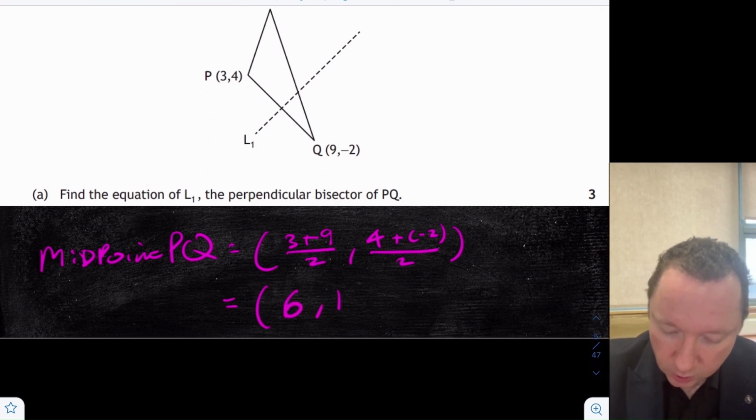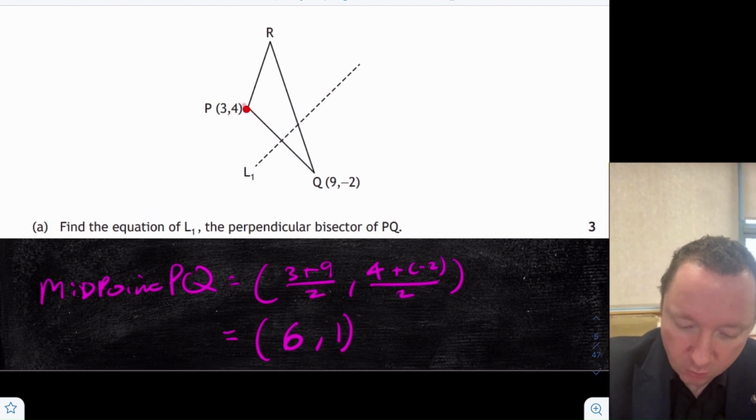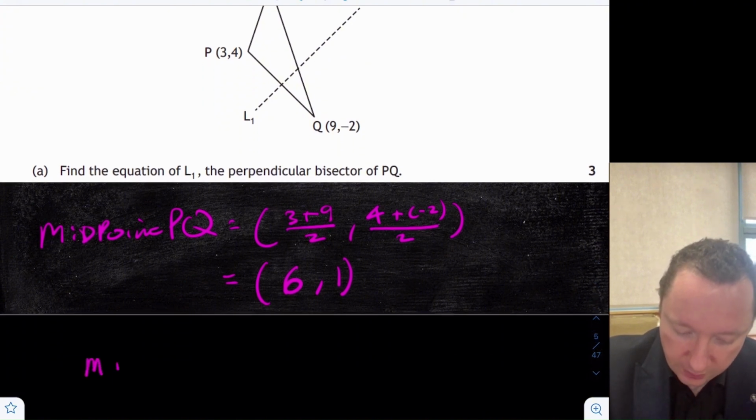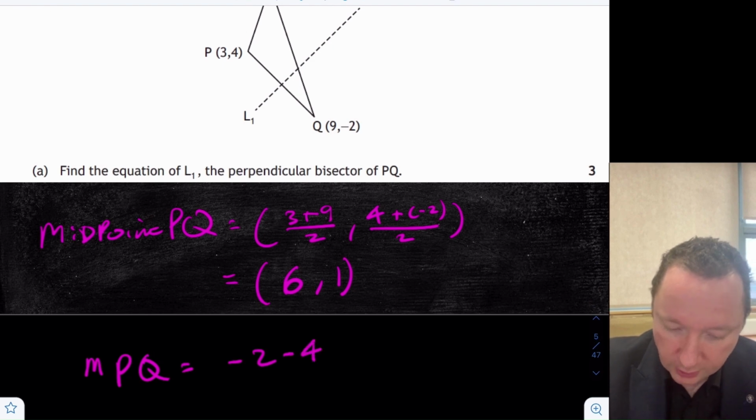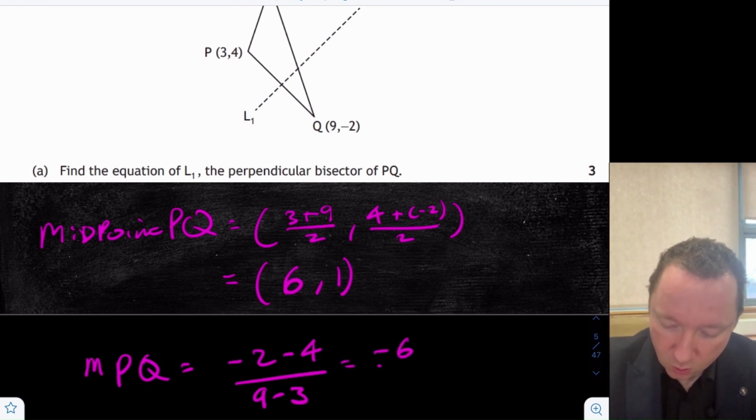So we've got our midpoint, and then we need the gradient of PQ because this is perpendicular. So the gradient of P and Q is minus 2 take away 4, y2 minus y1, over 9 take away 3, x2 minus x1. That's minus 6 over 6, which is minus 1.